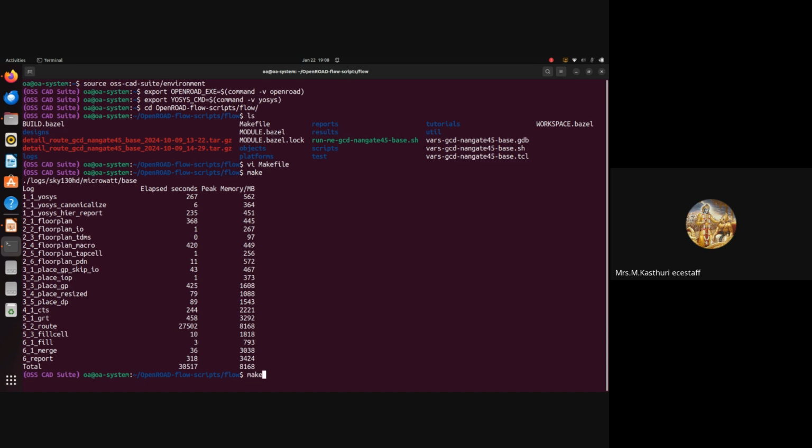If you want to see your final layout, the command is make GUI final.